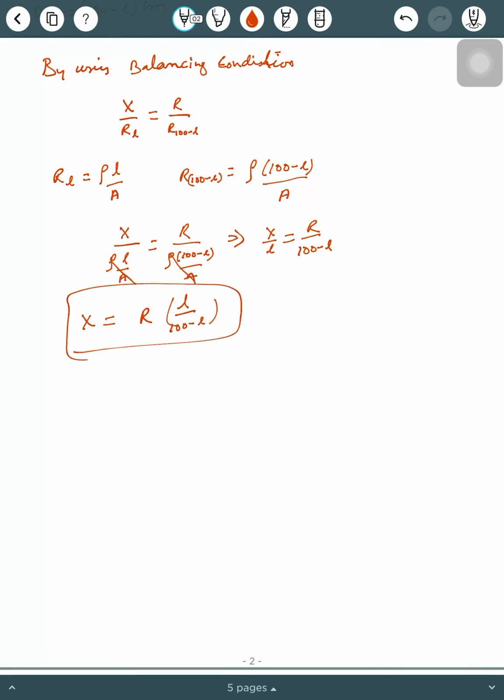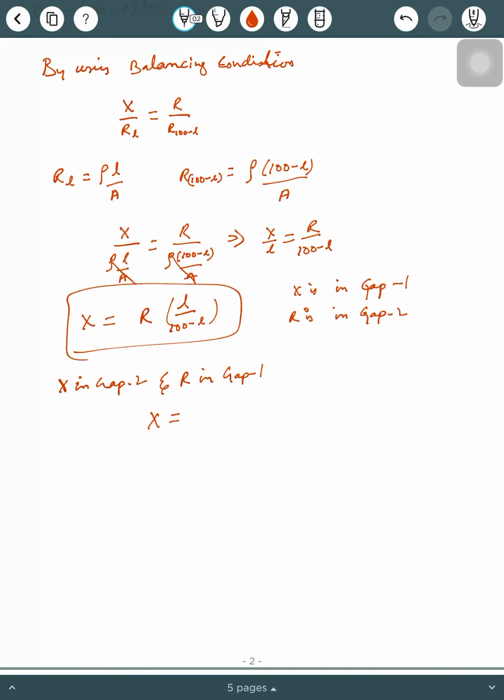Here X is in gap 1 and R is in gap 2. If you interchange, if you place X in gap 2 and R in gap 1, then what happens?